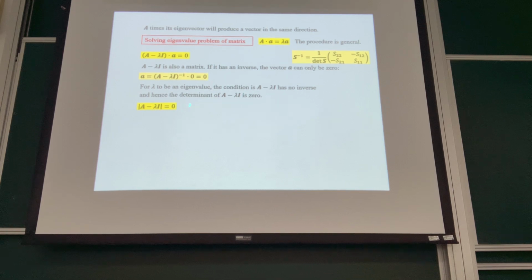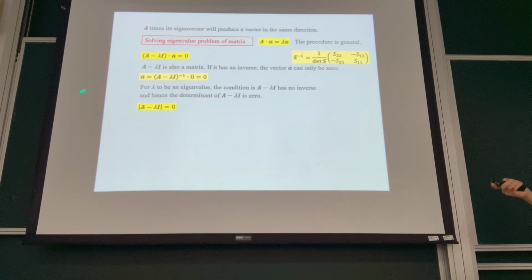Only in this kind of case does the inverse matrix not make any sense, because the inverse matrix could be easily determined by this formula, and observe that there is a determinant in the denominator. Therefore, the only way for this to make no sense is for the determinant to be equal to 0.